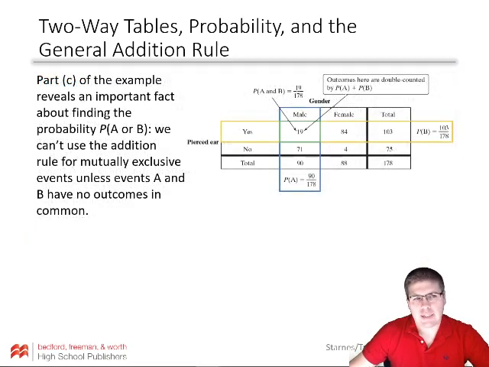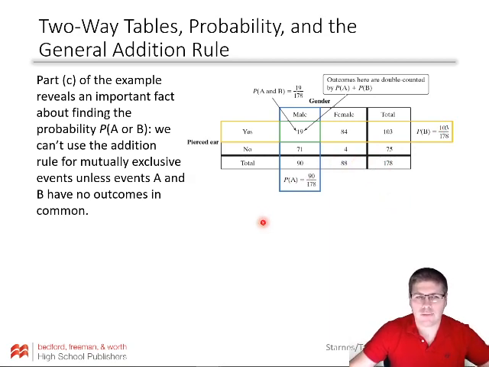Another way is like this. We could also think about the total number of males, right? The total number of males here is 90. So the probability of male was 90 out of 178, and the probability of pierced ear was 103 out of 178. Well, we can't just add them like we did before. We had that addition rule that worked when they were mutually exclusive.